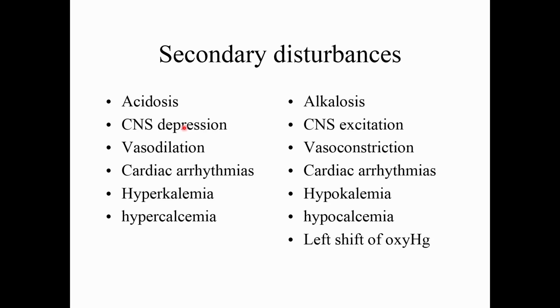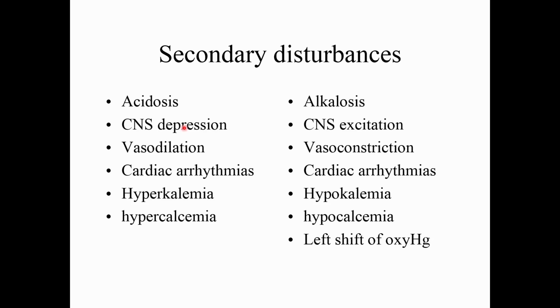Alkalosis is going to do the opposite. It's going to cause excitability and seizures because the low hydrogen ion concentration also lowers the calcium ion concentration, and you get excitable. You'll have vasoconstriction.